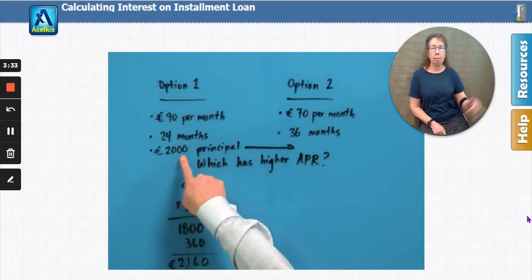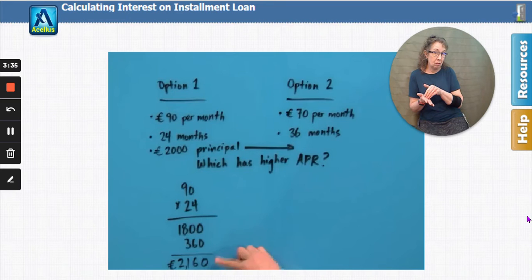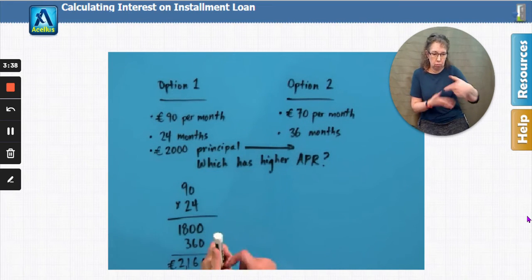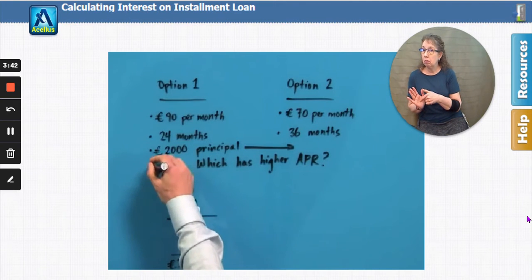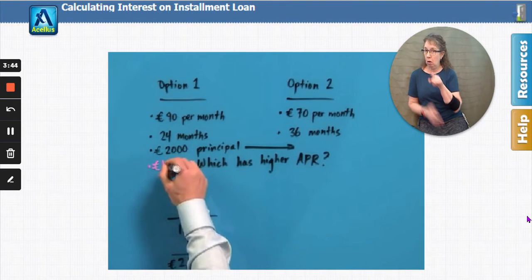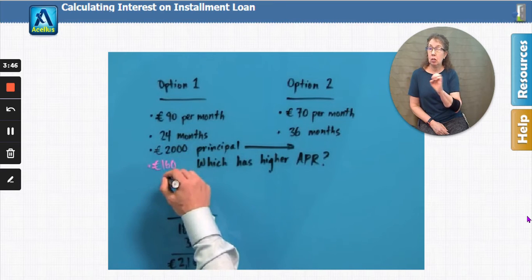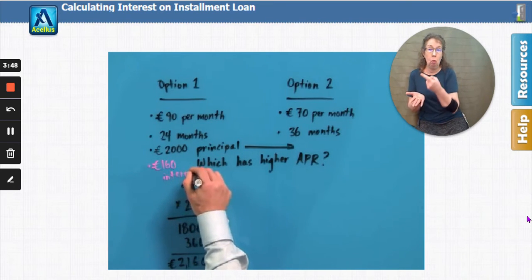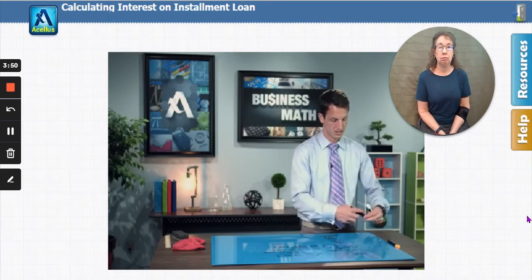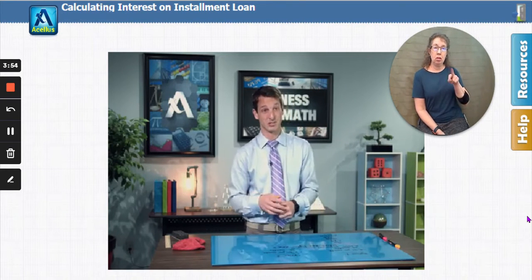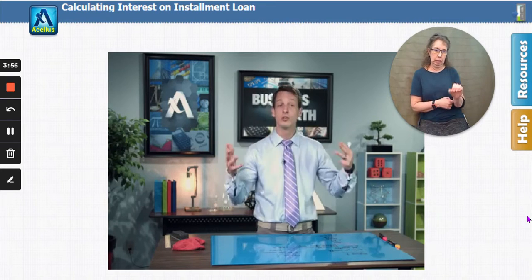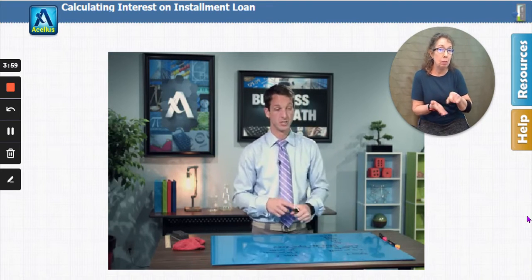So if we borrowed 2,000 initially and then we paid over time 2,160, then we paid, in this example, in option 1, 160 euros in interest. So this APR, we don't know the exact percentage, but we know total, we paid 160 euros in interest.